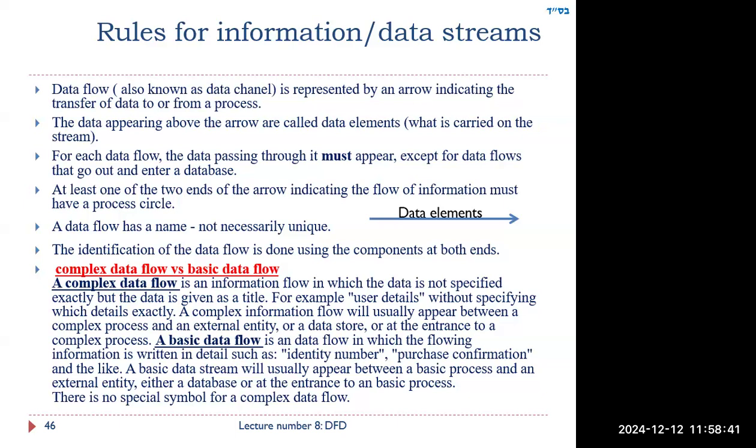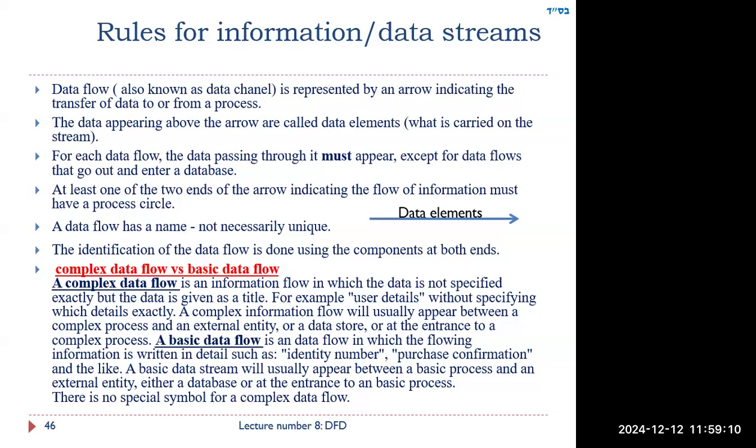There's also a basic flow, a data flow in which the flowing information is written in detail, such as ID number, purchase confirmation, and the like. A basic data flow will usually appear between a basic process and an external entity, either a database or at the entrance to a basic process.